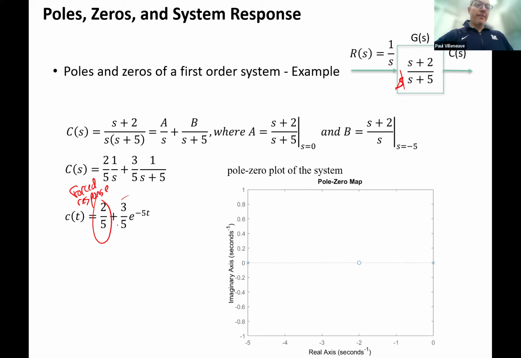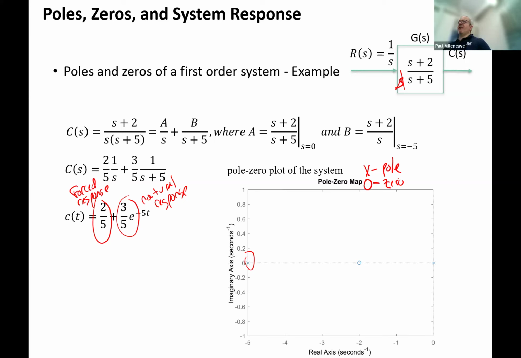The other one is my natural response. And that's the term that decays away. So now we're going to plot the poles and the zeros on our S-plane. And we see that we have a pole as indicated by an X and a 0 as indicated by a 0 shown on our map.